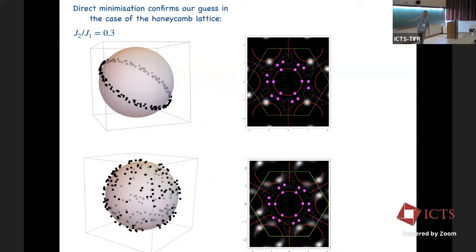If we haven't found the precise ground state minimum, we get spins pointing anywhere on the sphere, and yet the momenta are essentially lying on this circle of the ground state manifold.